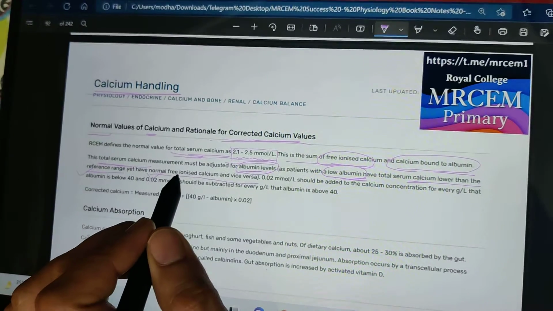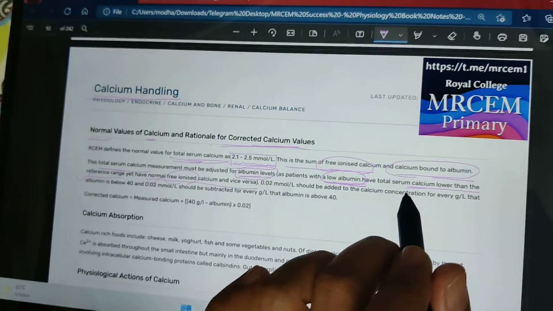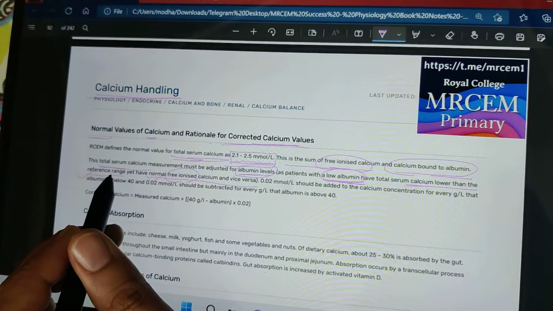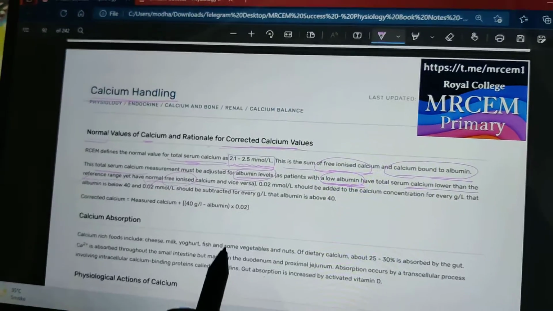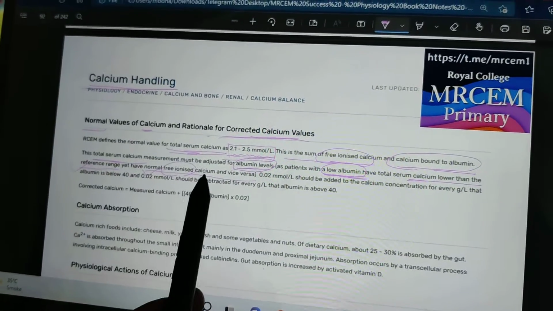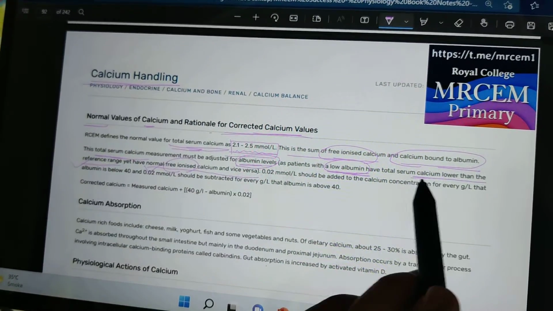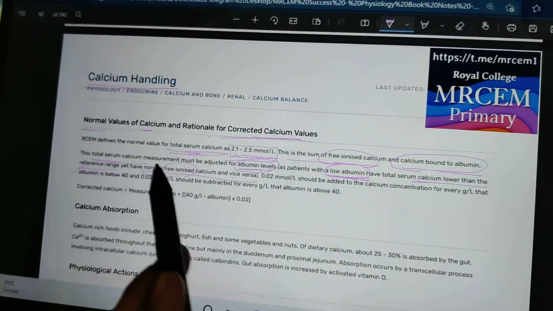The free ionized calcium is normal, but due to low albumin the total serum calcium will be low. And if the albumin is high, while the free ionized calcium is normal, the total serum calcium will be higher than the normal range.